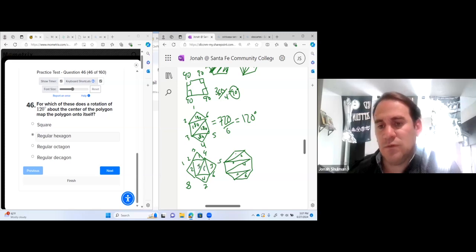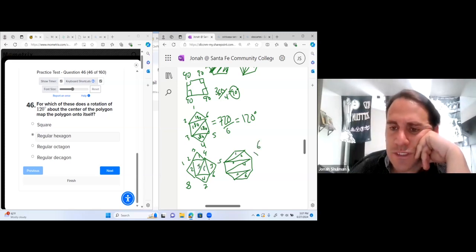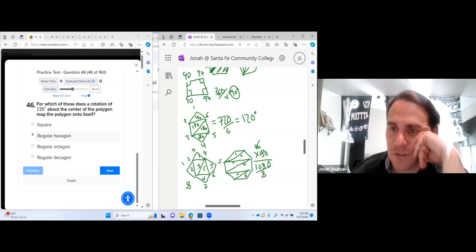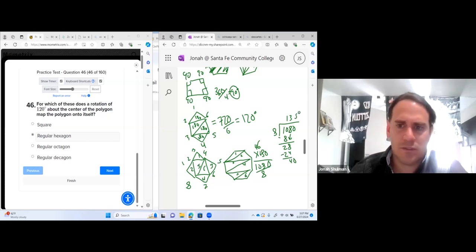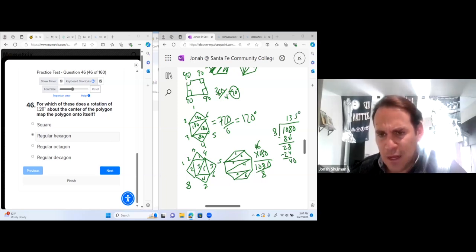Yep, there's 6 triangles. So 6 times 180 is 1080. And what's 1080 divided by 8? Because there's 8 corners on this to spin it. I think it's 135 degrees. So that's why it can't be the octagon.